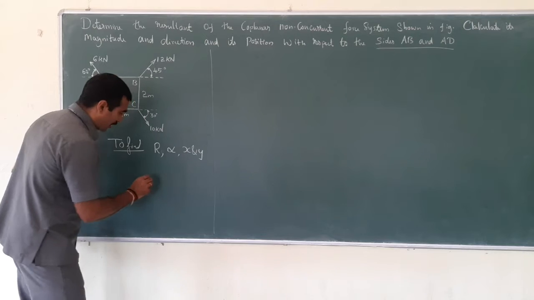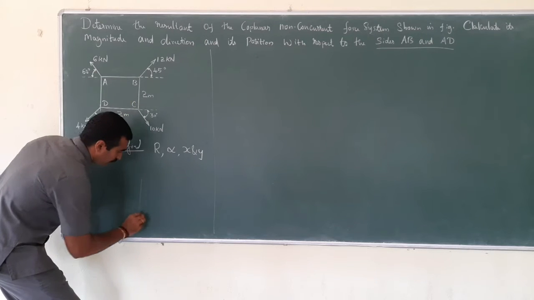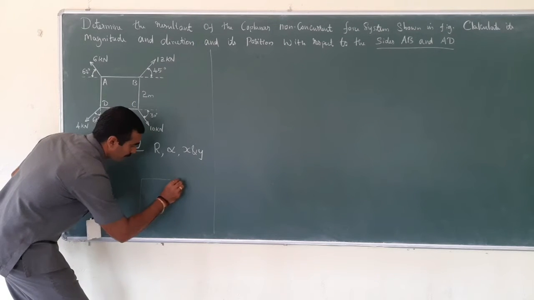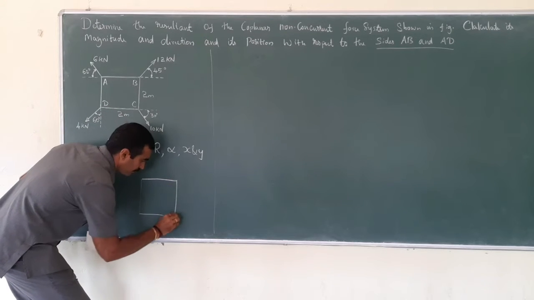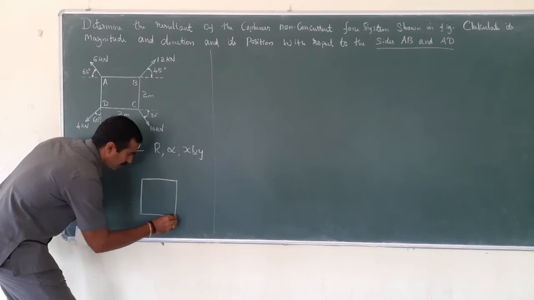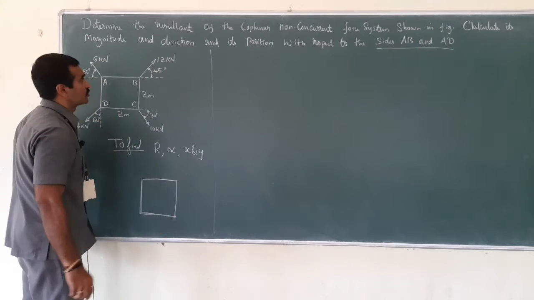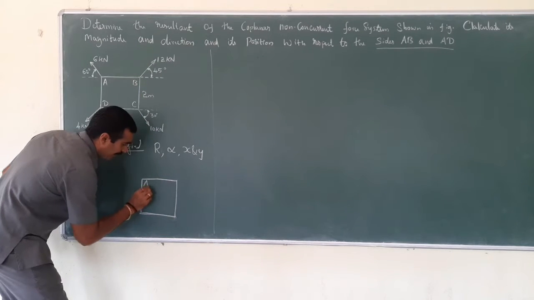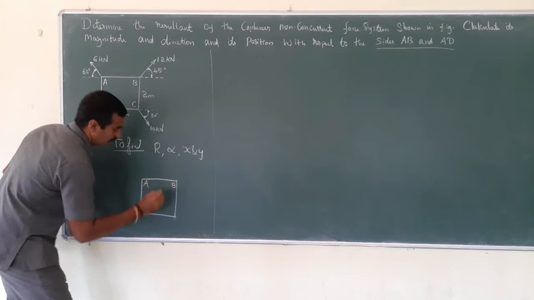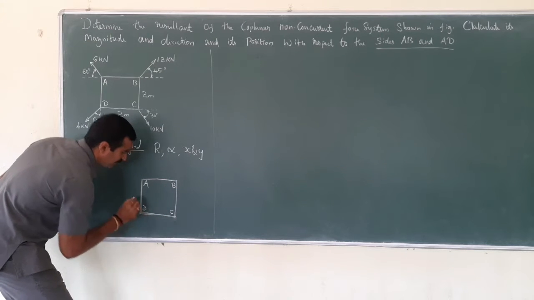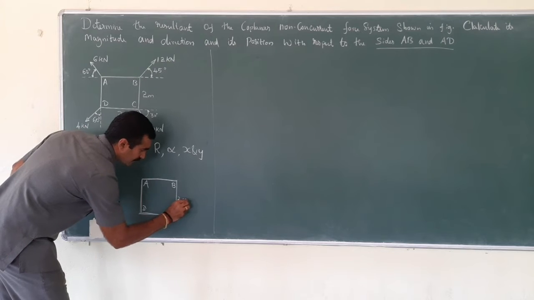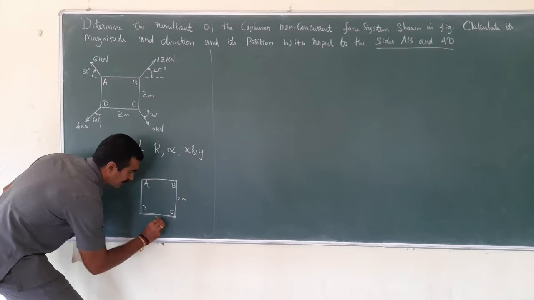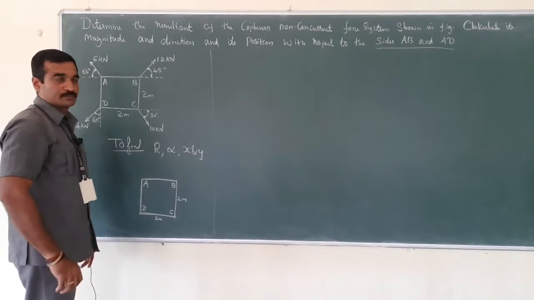So let me just draw the diagram by showing all the horizontal components and the vertical components. So this as A, this point as B, this point as C, and this point as D. And the distance is here 2 meter and here it is 2 meter. Got it?